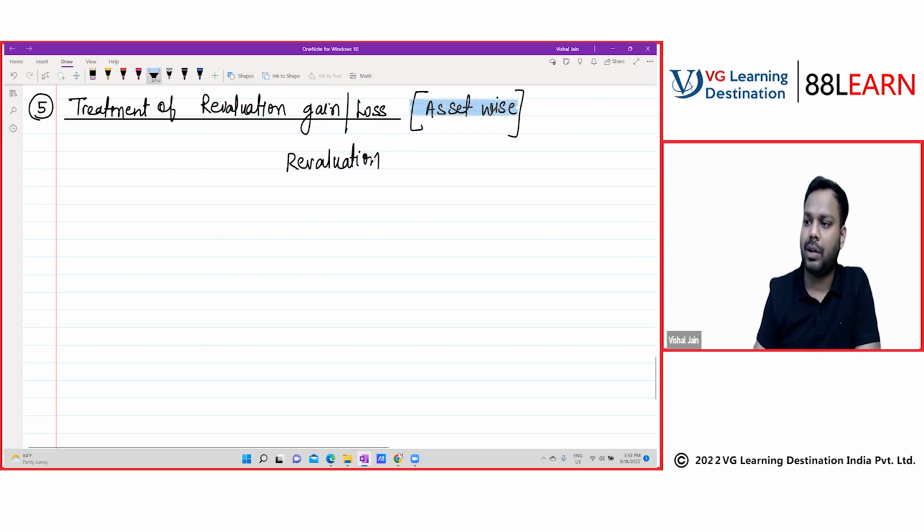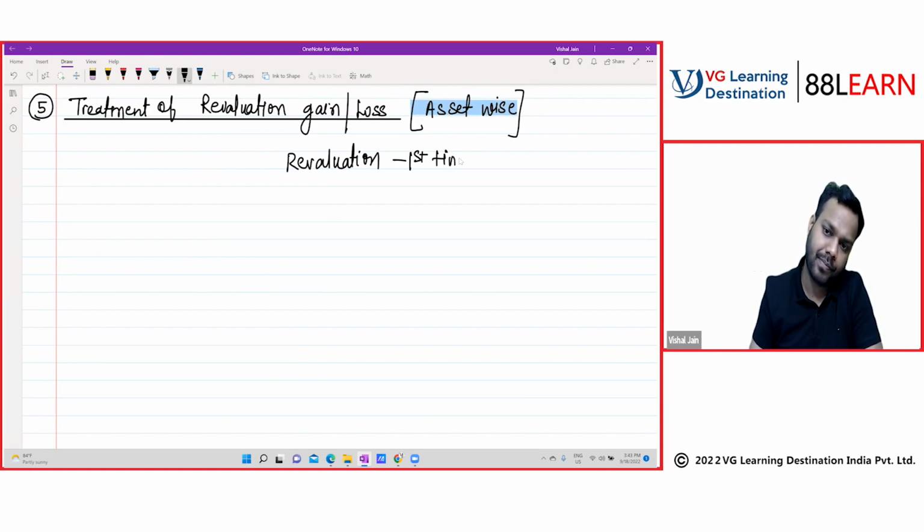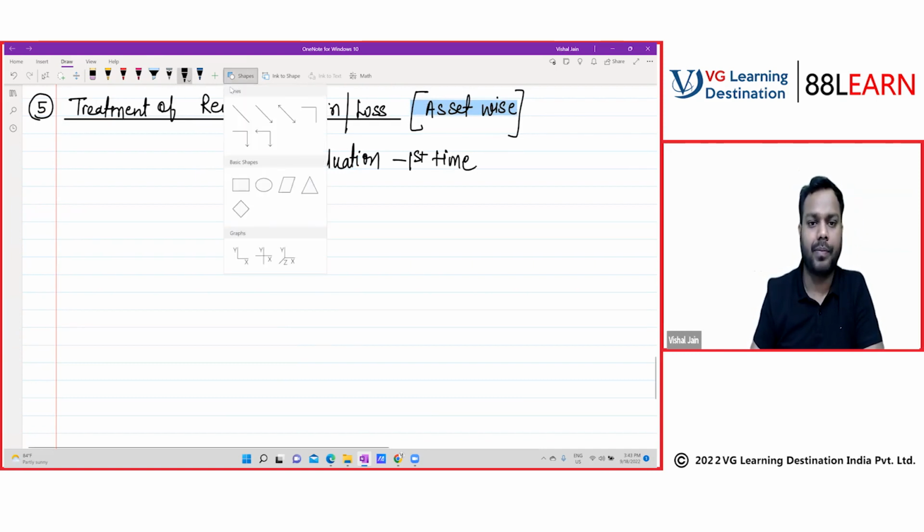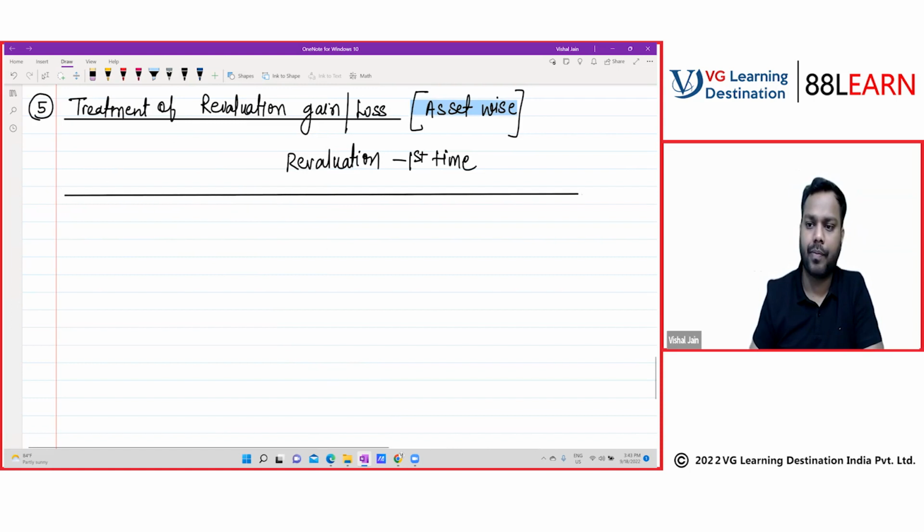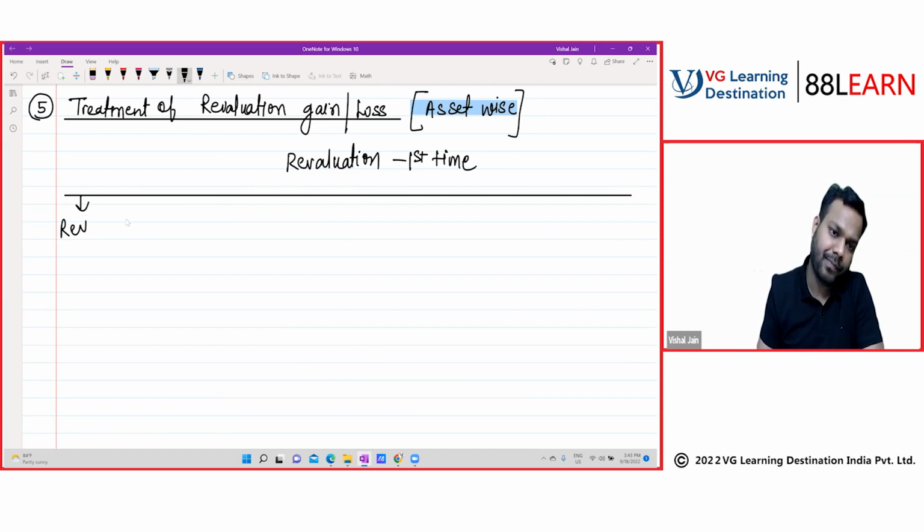Okay, revaluation is done. Exactly, Vasu. But yes, we have to discuss this. This is one of the syllabus. Revaluation is done for the first time. Then we can have two things: revaluation gain and revaluation loss.